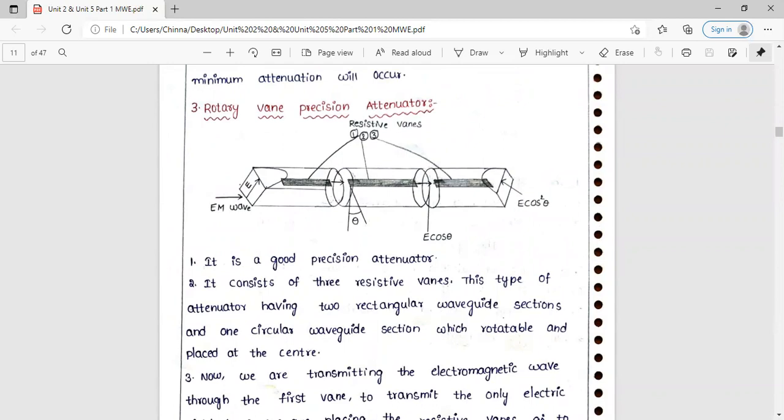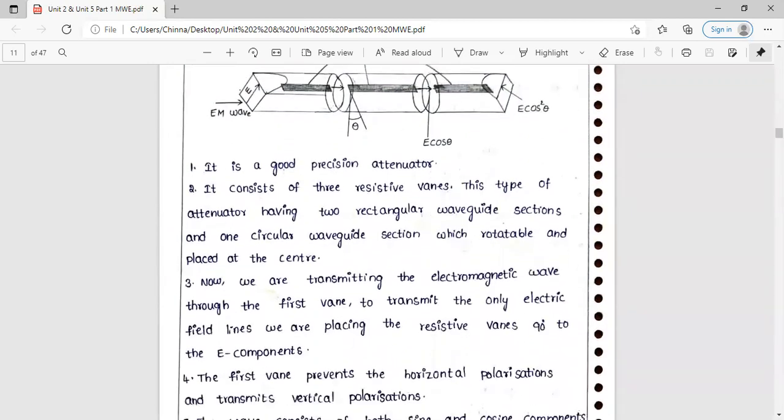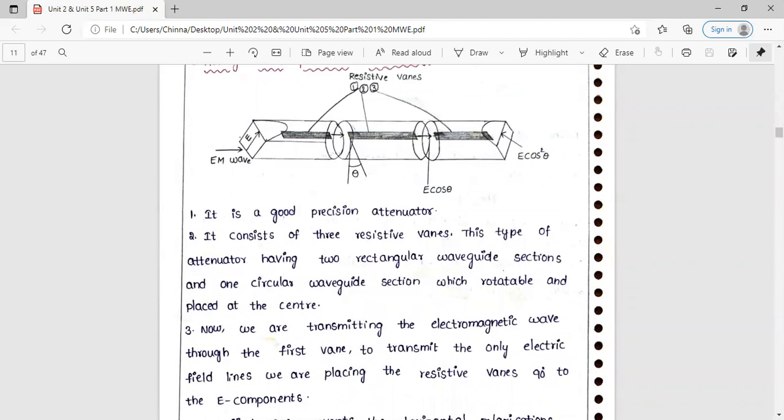Whenever you are transmitting the electromagnetic wave through the first vane, to transmit only the electric field, we place the resistive vane 90 degrees to the E component.